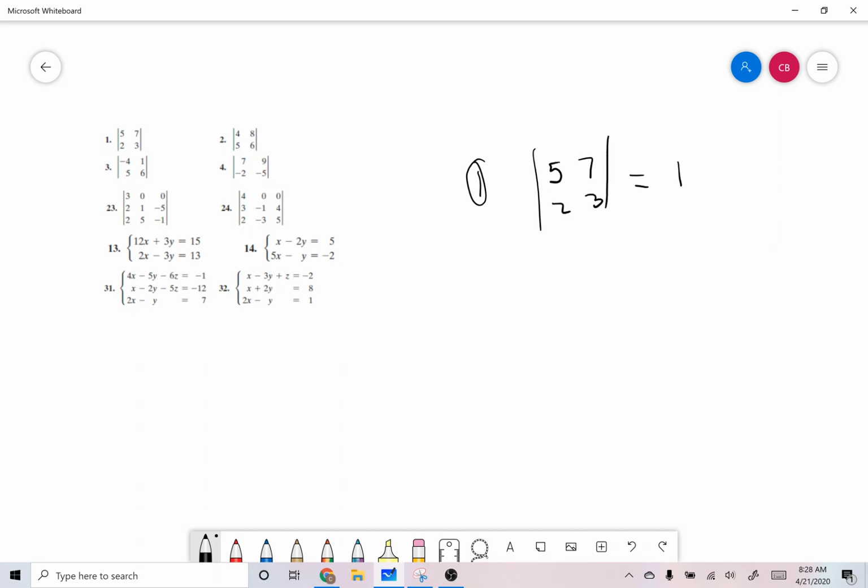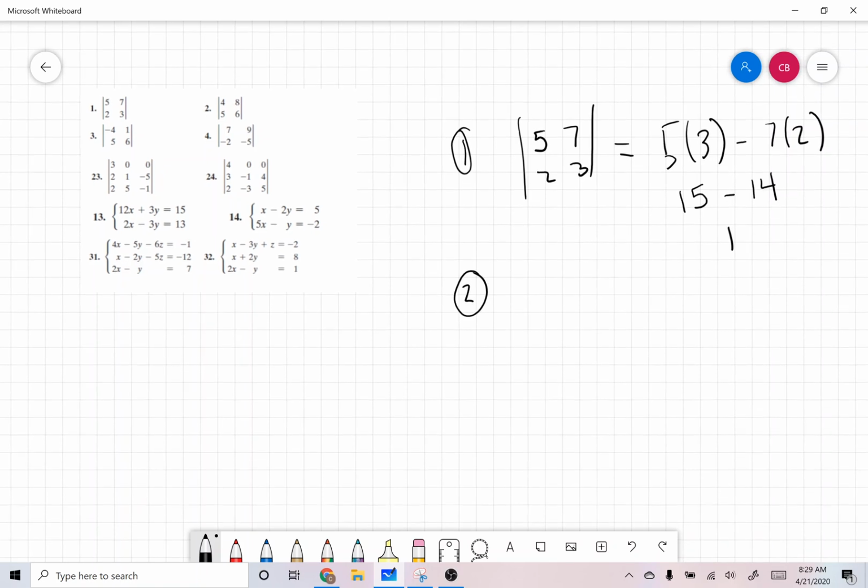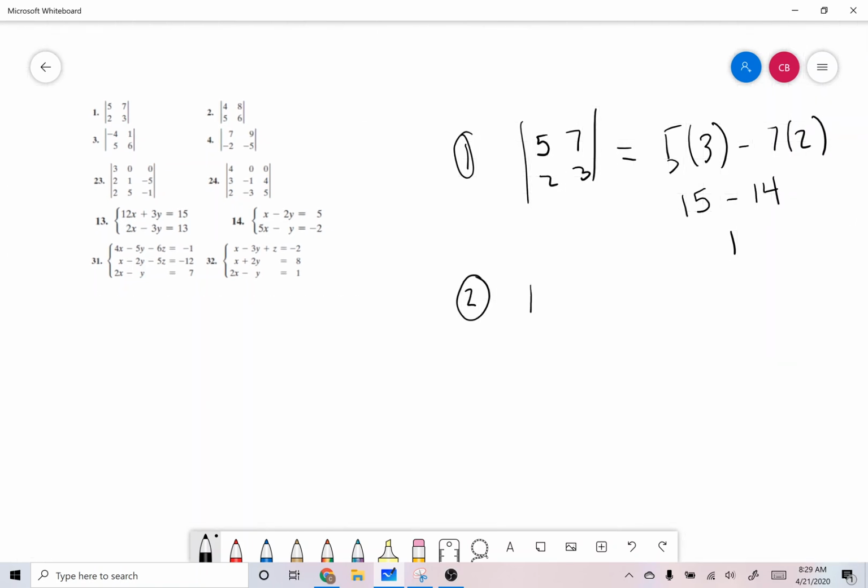This is going to be 5 times 3 minus 7 times 2, which is equal to 15 minus 14, which is 1. The determinant's important because if it's equal to 0, it can tell us that the matrix has no inverse matrix, which is something we're going to talk about soon in another video for this week.